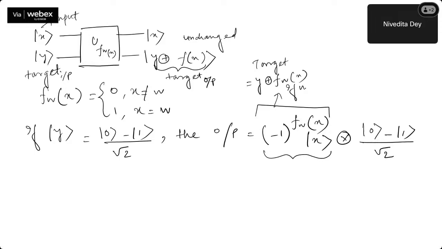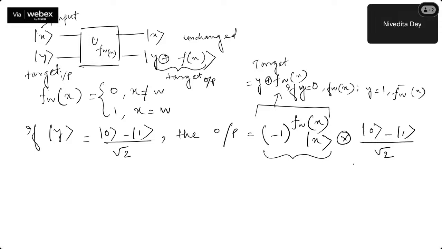So if y is equal to 0, then it is f_w of x, and if y is equal to 1, it is f_w bar of x. So that is minus 1 to the power 0 for certain cases, and minus 1 to the power 1 for certain cases. The phase inversion logic I was telling you yesterday, for only a 2 qubit system, 00, 01, 10, 11, where we take 01 as the marked one, right? So that is something we want to now build on.